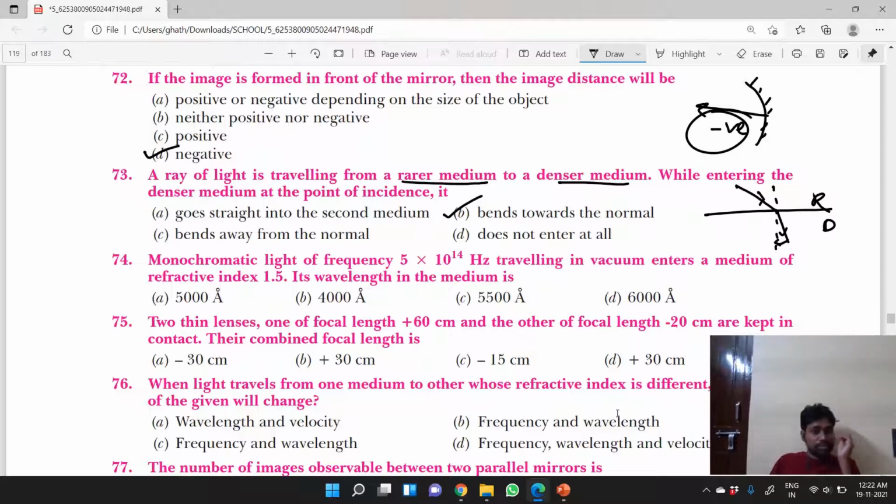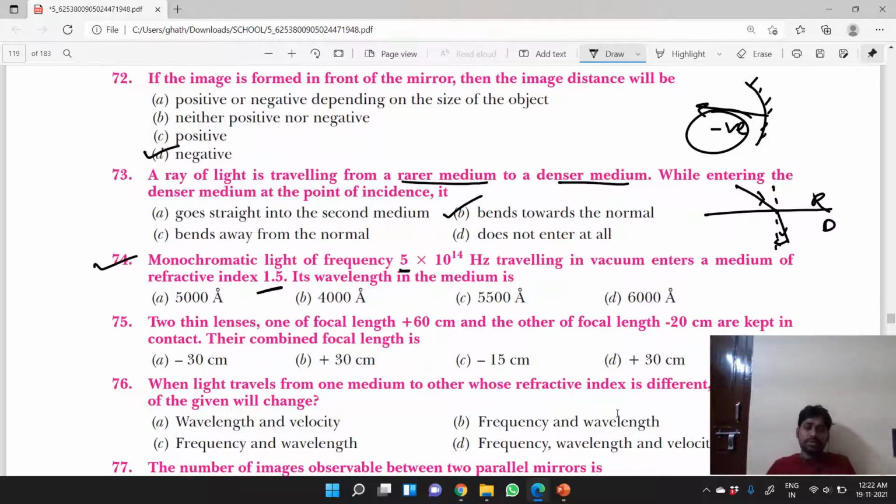Next. Question number 74. A monochromatic light of frequency 5 into 10 to the power of 14 hertz traveling in vacuum enters a medium of refractive index 1.5. Its wavelength in the medium is? So wavelength they are asking.